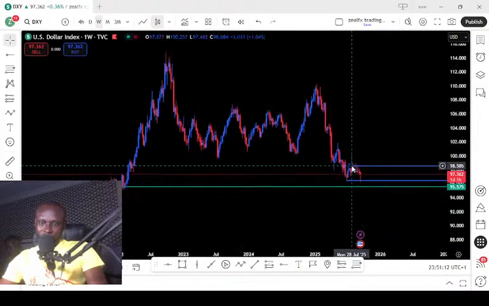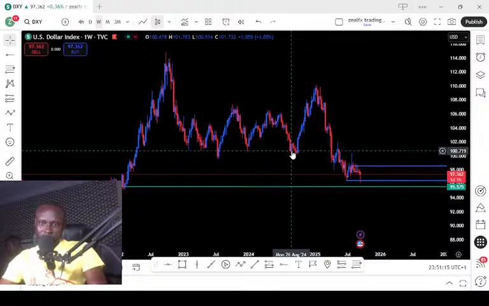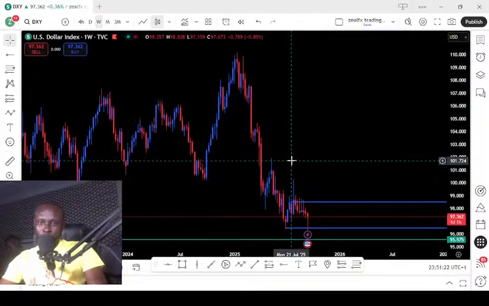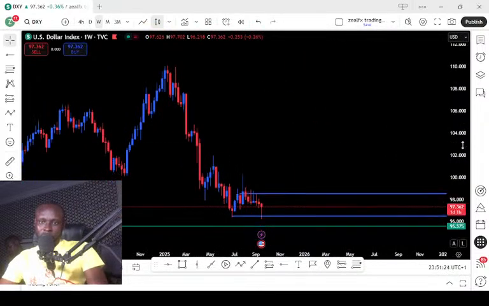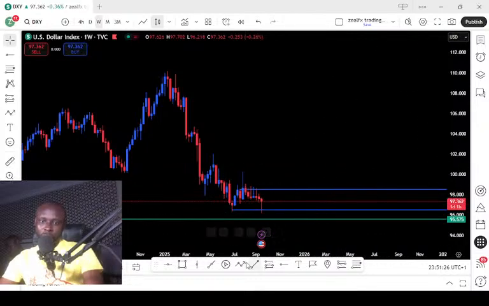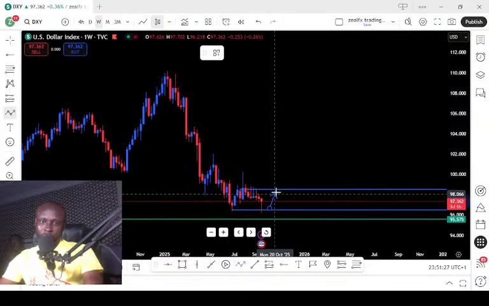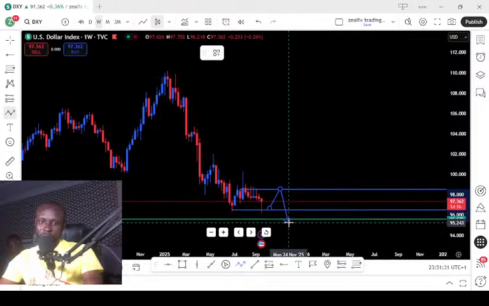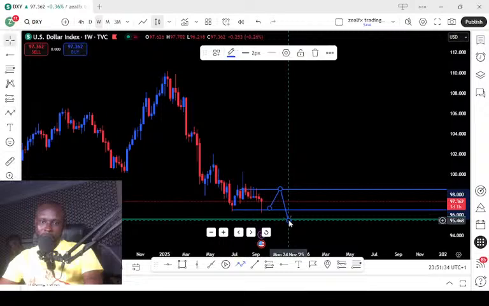but our structure on the DSY still remains on a downtrend. Then we can't sell on a support level, so price must go back to this resistance level before we start looking for a selling opportunity on the DSY. So price must go back to this resistance level, then we'll start looking for selling opportunity for the DSY to the downside to this our target.